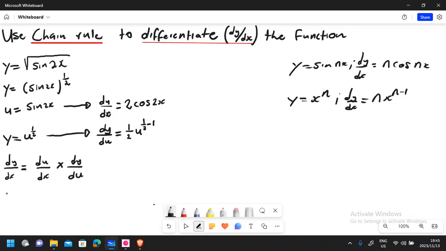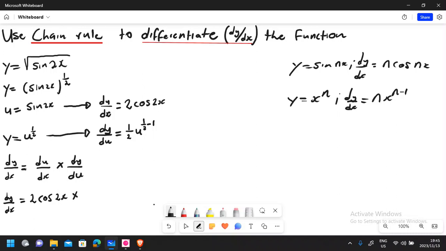So when you find your dy over dx, now what is du over dx? Du over dx, we know that it equals 2 cos 2x, right? That is our du over dx.